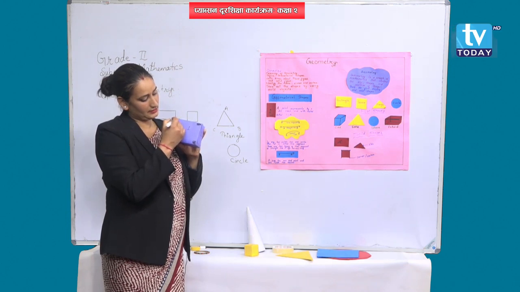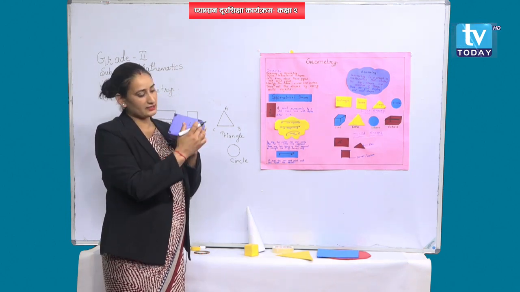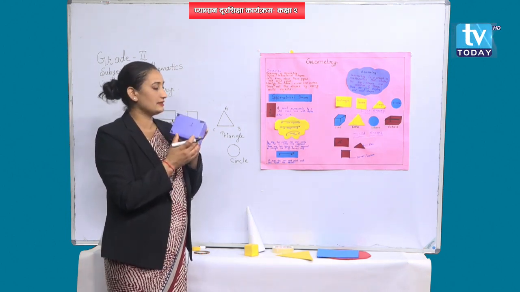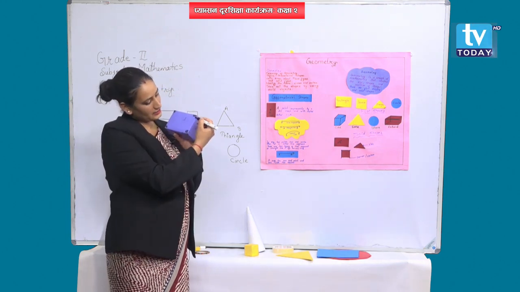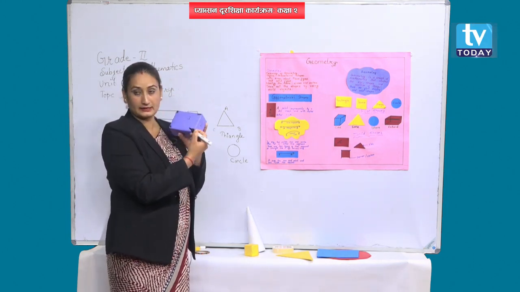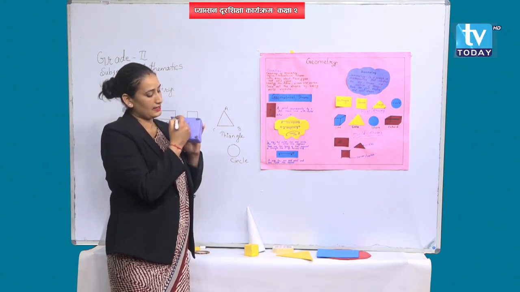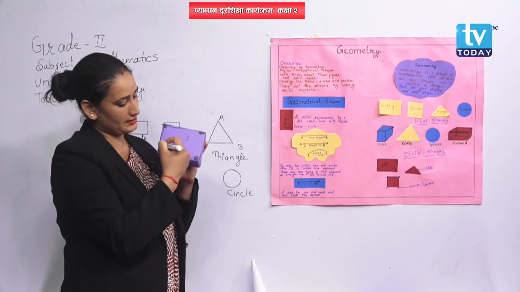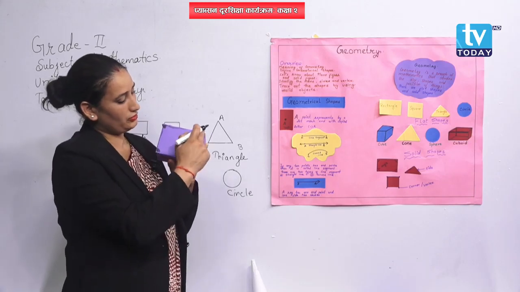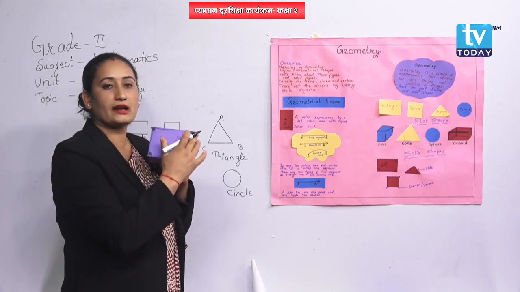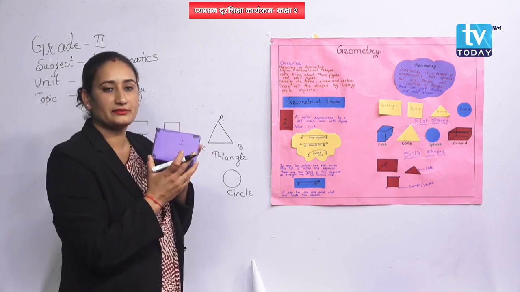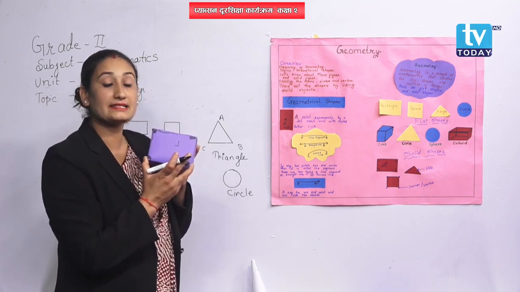See? These are the angles. These 4 corners we call angles. And this straight line, have you seen this line? This line and this line, 1, 2, 3, 4. These are called sides. What do we call it? Sides.